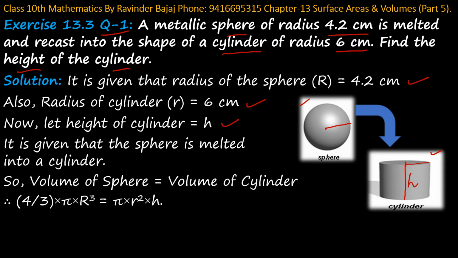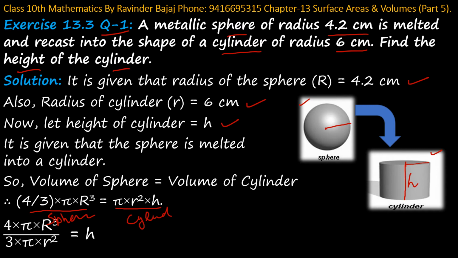Therefore, 4 by 3 pi r cube, this is the volume of a sphere, is equal to pi r square h. This is the volume of the cylinder. Now let's put the values. This h will remain here and pi r square will go in the denominator.